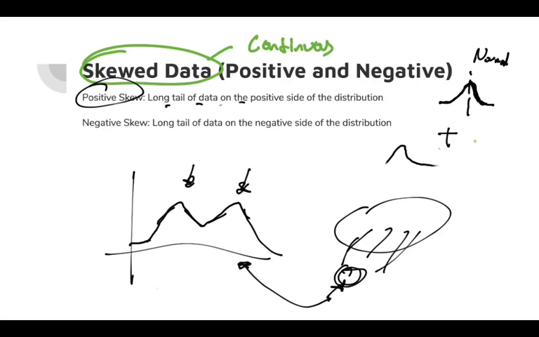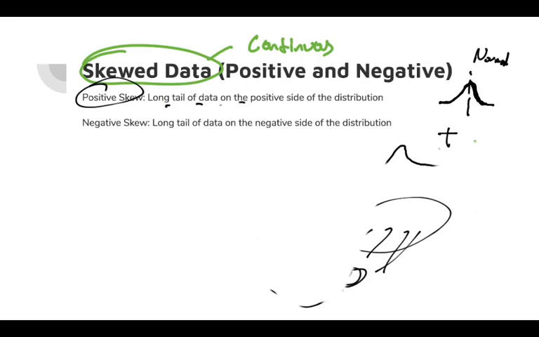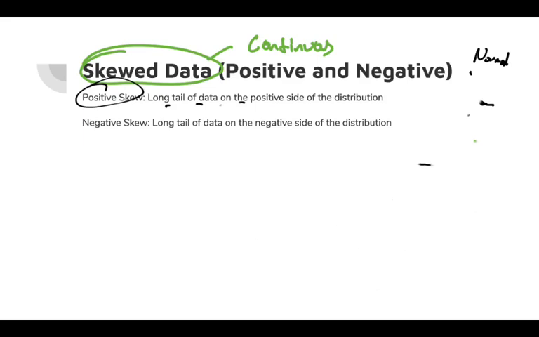Maybe this bump is female, maybe this bump is male. Maybe this bump is seniors, maybe this bump is juniors. There could be all kinds of reasons for why there are two different modes, bimodal, within the data that you're dealing with. But that's what that looks like.